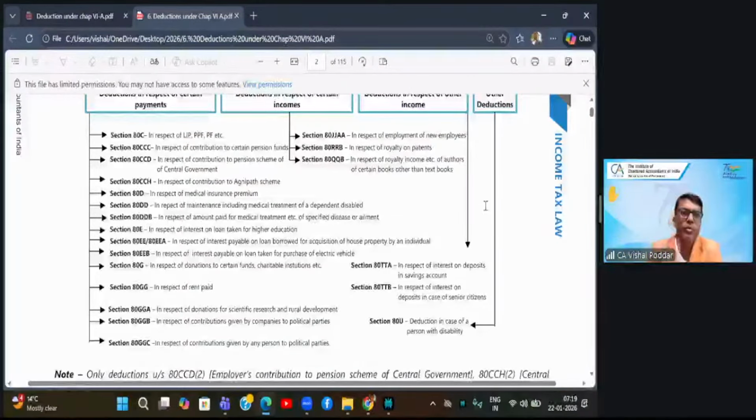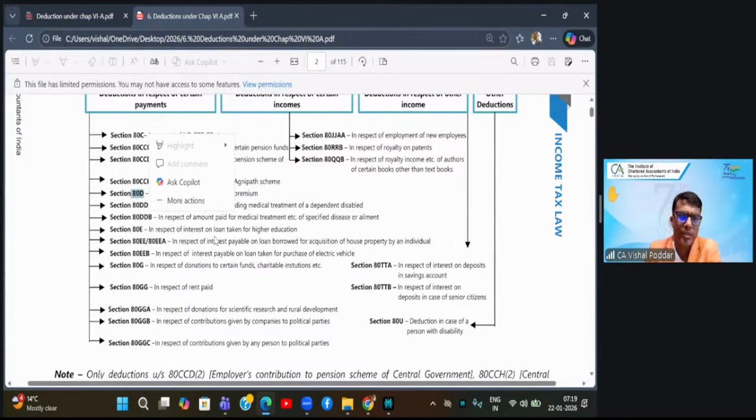I'll give you a glimpse of a few of these. So 80D, D for doctor, and that is why you have medical related deductions here. DD is dependent disabled. DDB is dependent, the first D is for dependent, and DB is diabetes.